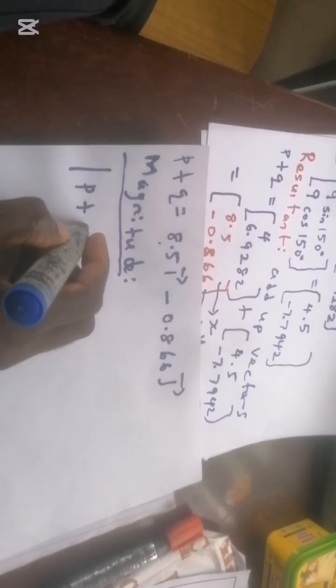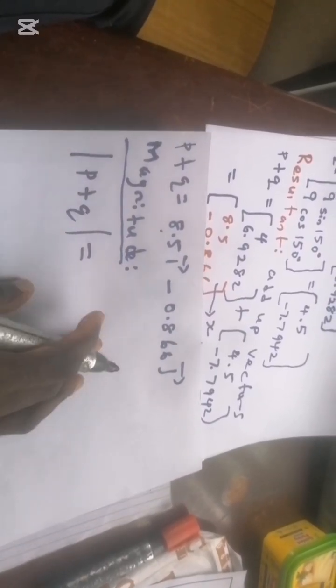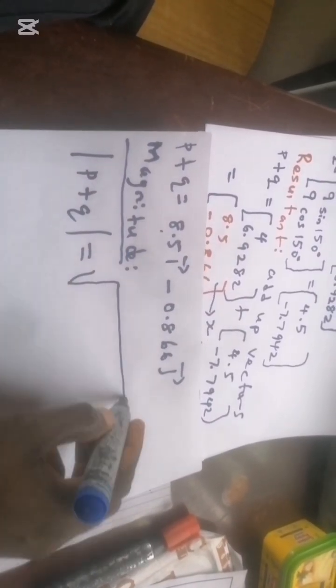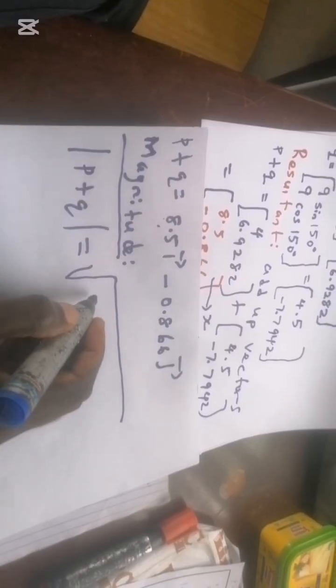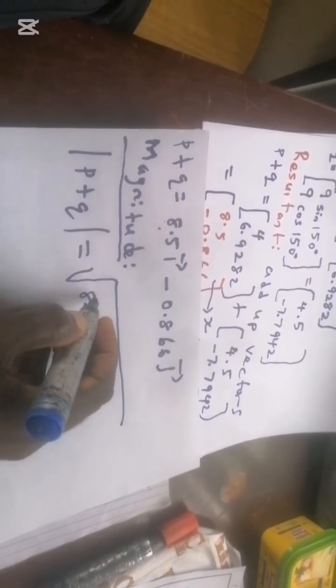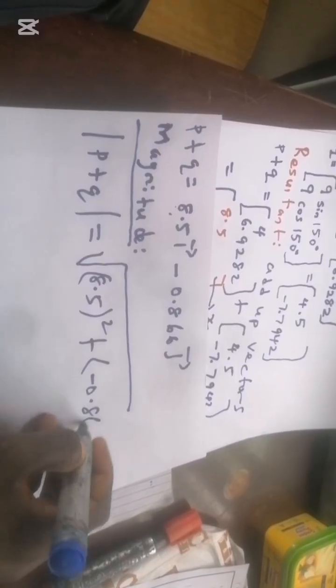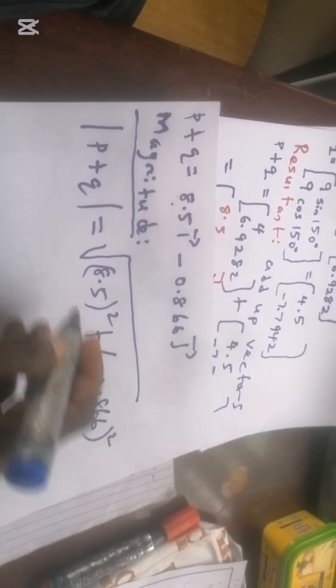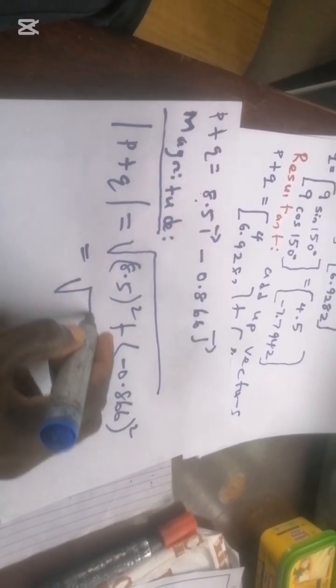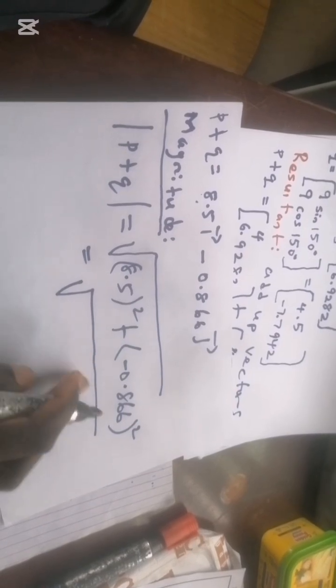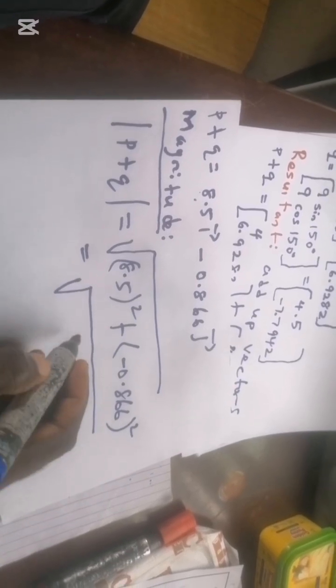Then you got this one inside. Do you see that? Then you got square root. You pick the first component, 8.5, and you square it. Then you pick the second component, minus 0.866, and you square it. Do you understand?